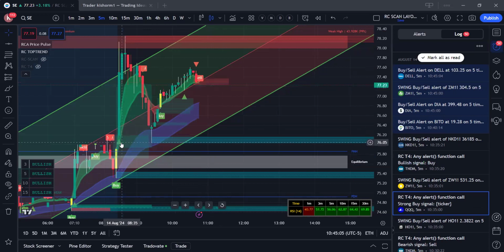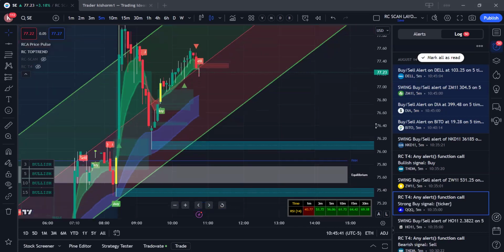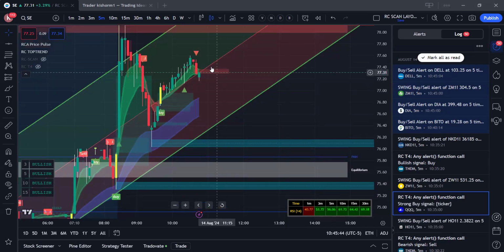But generally, green means go up and red means it will go down. So if it comes back here, again it will go up.